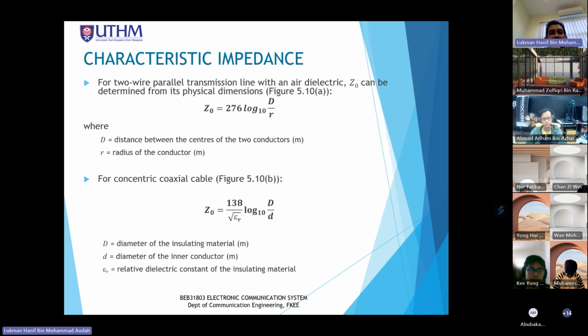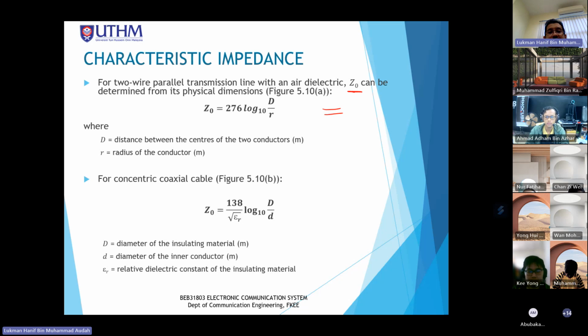And this is an example for a two-wire parallel transmission line with an air dielectric constant. Z0 can be determined from its physical dimension. So this is for a two-wire parallel transmission line, or we can say that this is a guided transmission line.